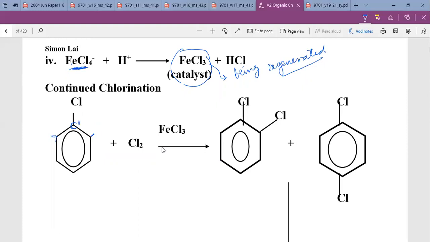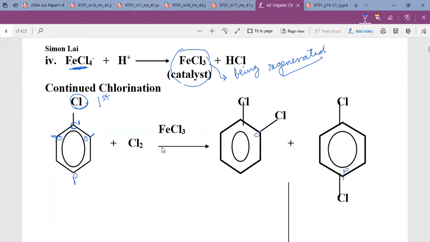This is like the first wife. The second wife can go in, but the first wife here will direct which room she will stay in. So for chlorine, it will go to the ortho or para position.